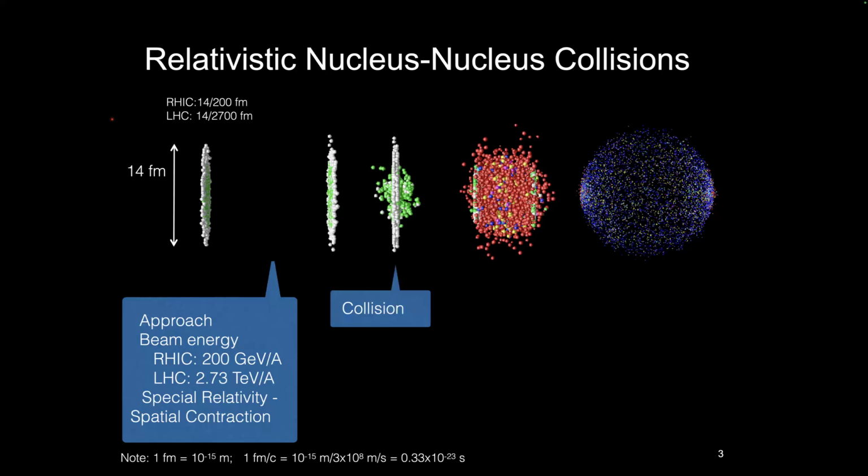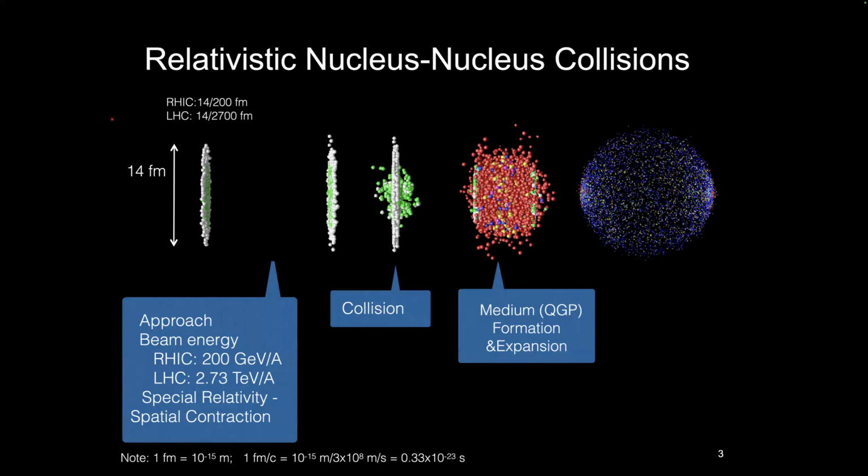Then they collide, they interpenetrate. Because they are so pancake-like, the traversing time, if you will, is very short. But a lot of the kinetic energy of the nucleons, and of the quarks and gluons within these nucleons, is immediately converted into the production of particles, which is illustrated here.